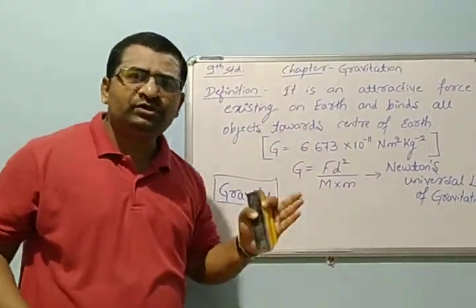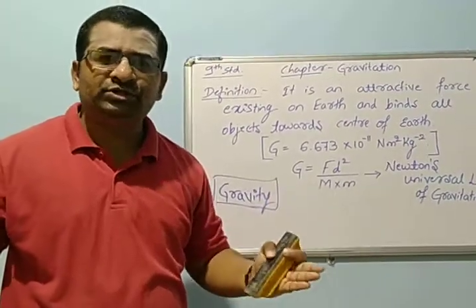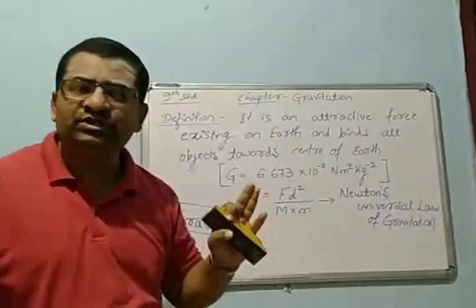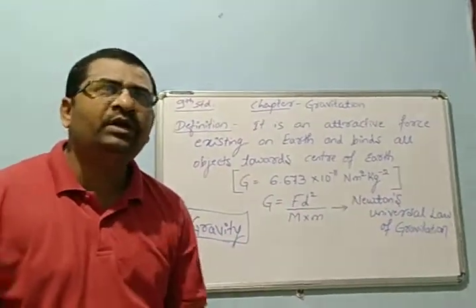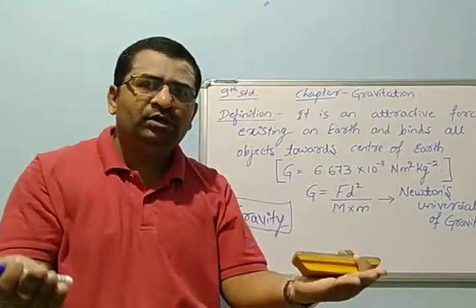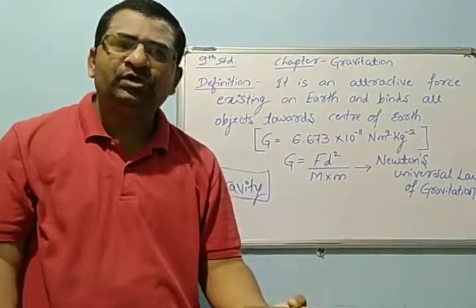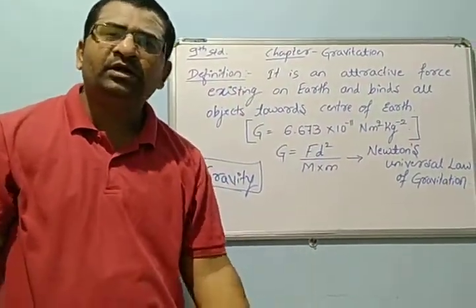Think, students, the first illustration of the existence of gravitational energy is that when we jump a little, with a certain force, we come back to the ground.